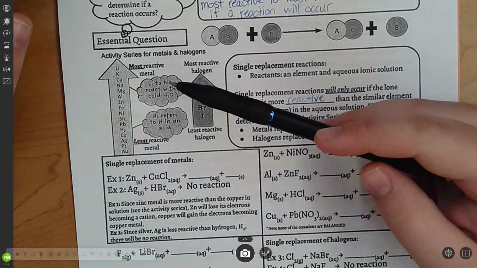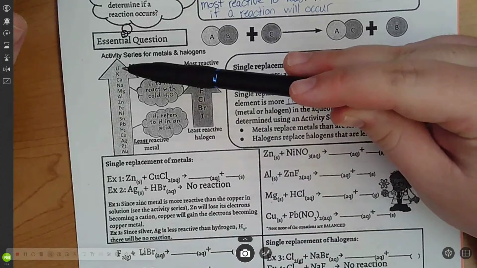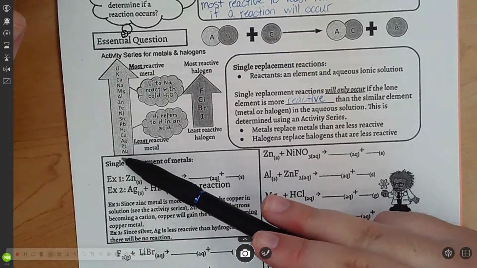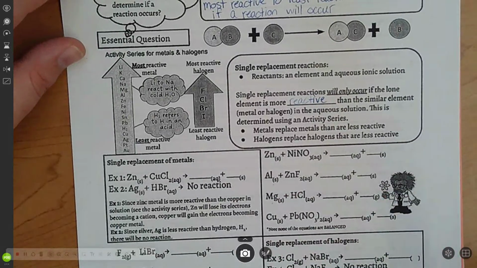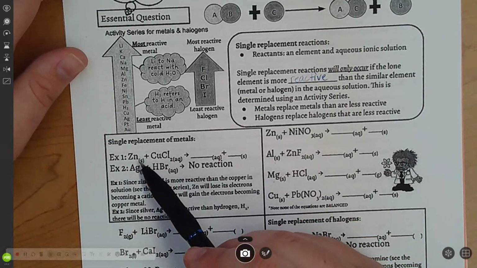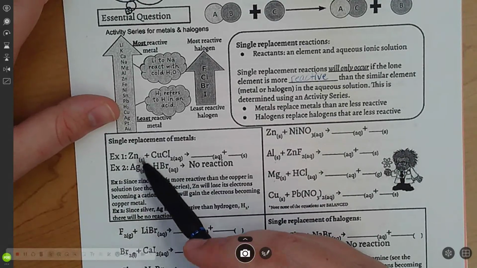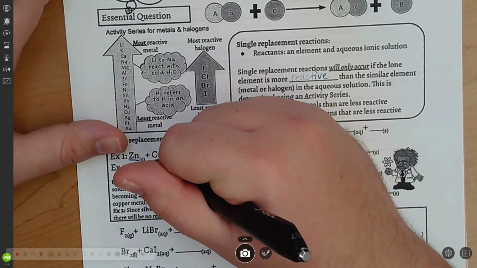So we've got the activity series written on our page. So this lists from the most reactive lithium at the top to the least reactive gold, Au, at the bottom. And so when we do a single replacement, we're going to look here and see what metals we're working with. In this case, it's going to be zinc versus copper.